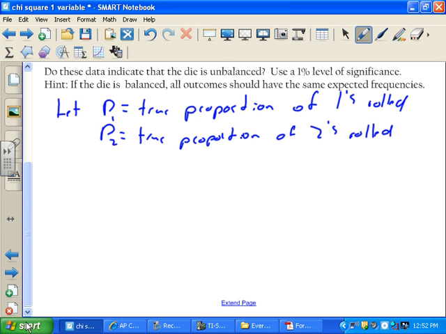And as I said, once you establish your pattern, you can dot, dot, dot that in the pattern. In this case, it'll end at P6, and that will be the true proportion of 6s rolled.